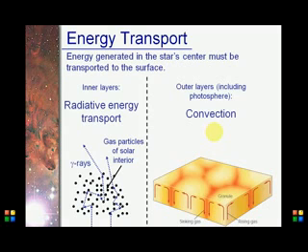It's the energy transport caused by the variation of densities of that gas. Like in this image, the hot gas starts to evolve and go upwards, and the cool gas, which is darker, starts to move down.